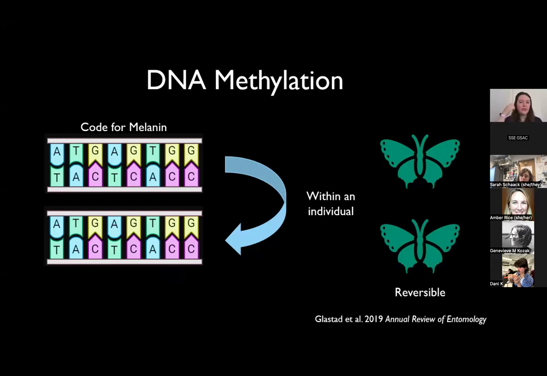So you can see that individual has turned back to a dark morph butterfly now that the heat wave is over. And this is a very dramatic example. Of course, it doesn't happen quite as dramatically as this, but it gets the point across that A, it doesn't require genetic mutation to change gene expression, and B, it's quite reversible.